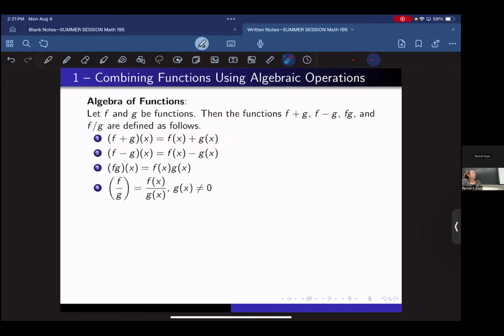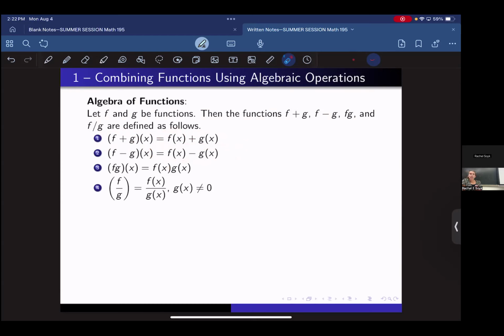The same goes when you're dealing with subtraction. You just subtract the 2 functions from one another. Multiplication, straightforward, you just multiply the 2 functions, and then dividing, again, you divide the 2 functions by one another.